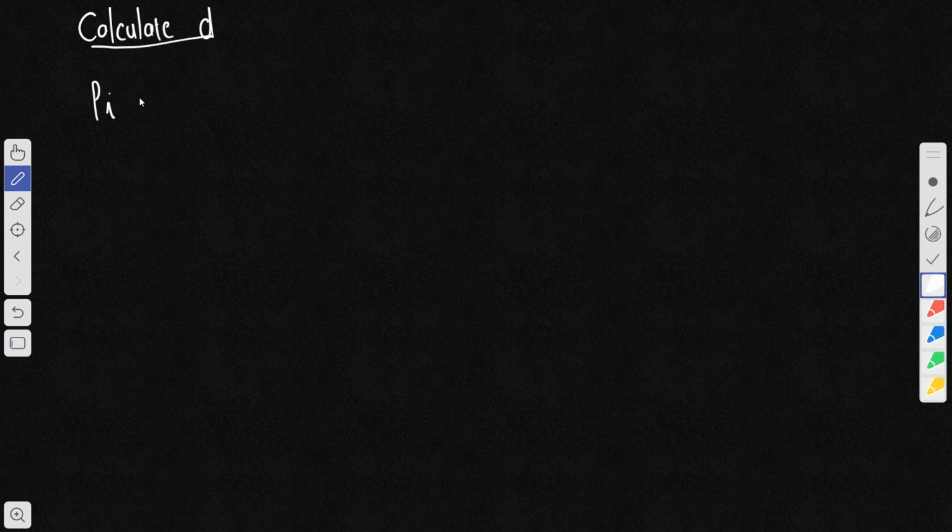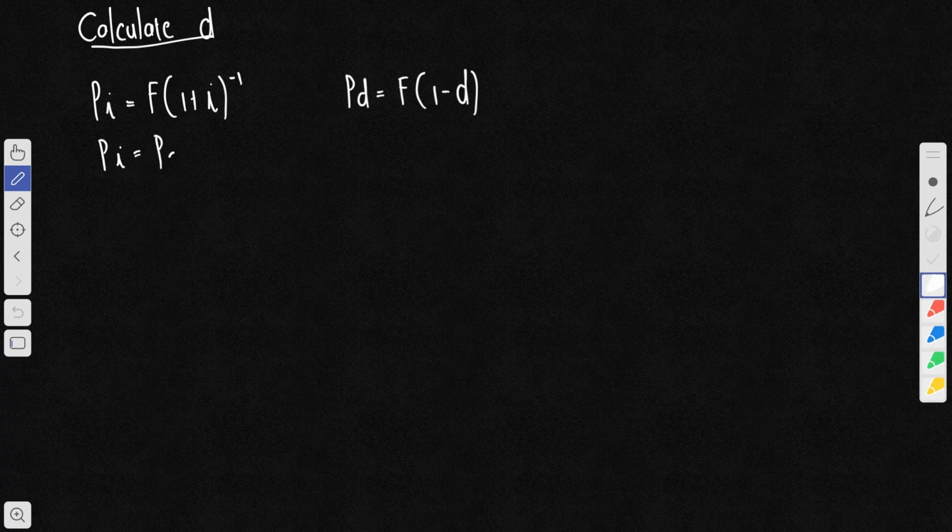We know that the present value can be calculated using two different methods: our interest rate method, and we can also use the discount rate method, which means that f will be multiplied by 1 minus the discount rate. Now for these two rates to be equivalent, the two present values have to be the same number.